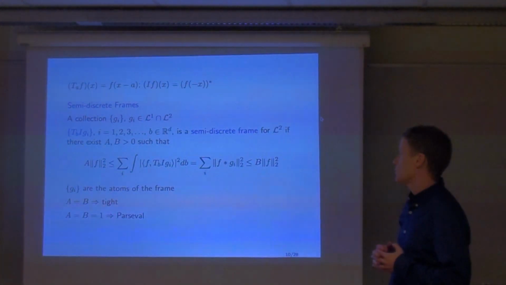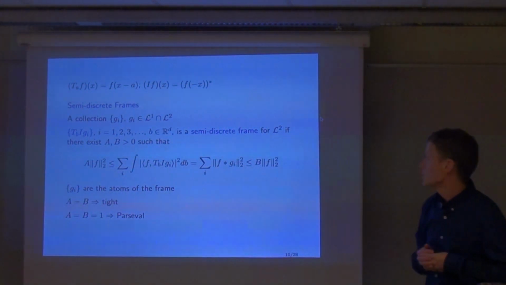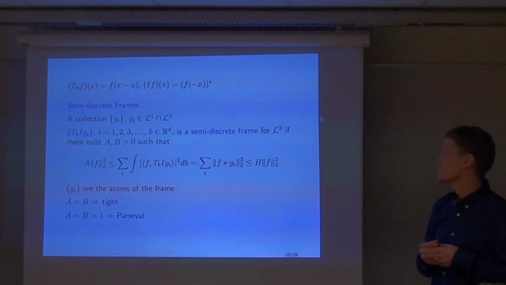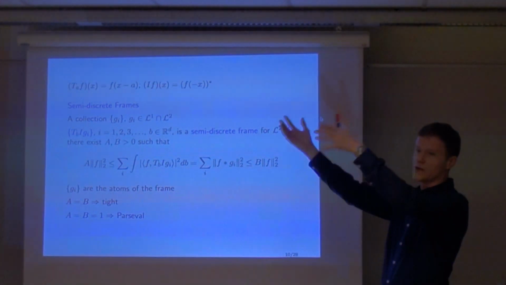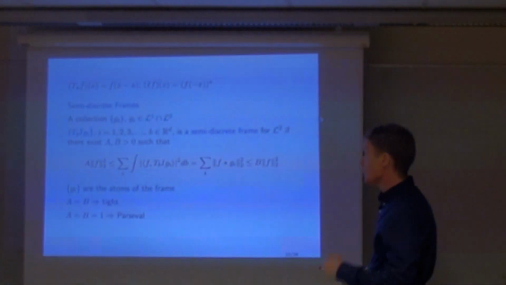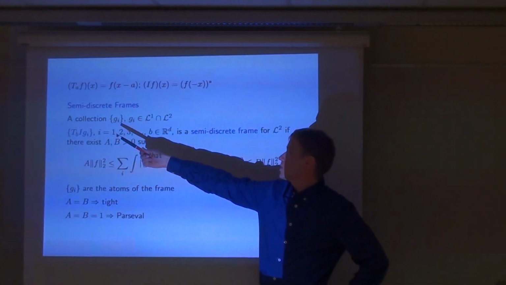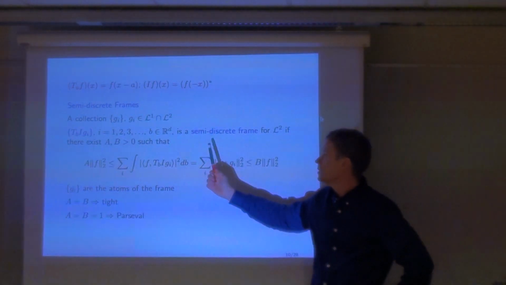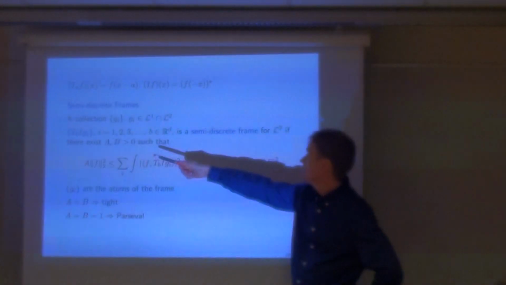Okay, so let's define something that's called a semi-discrete frame, and this is now one more step of generalization from wavelets. So we have Fourier transform, wavelet, frames. A semi-discrete frame is based on a collection of functions that are in both L1 and L2. Not any functions, they have to fulfill this criterion here, but for now they are any function.